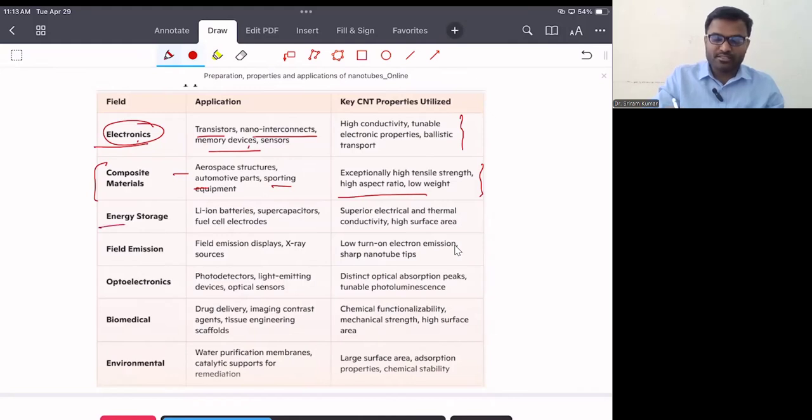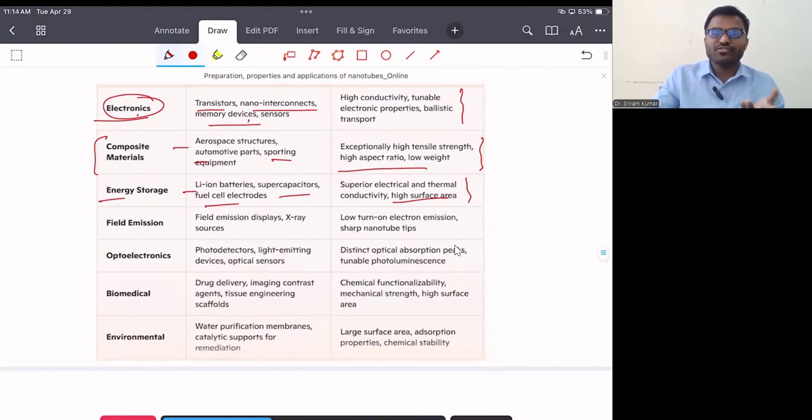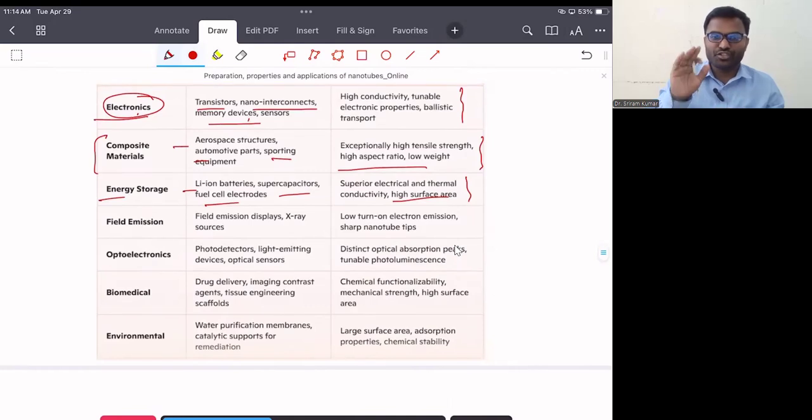In energy storage applications, for example, lithium-ion batteries, supercapacitors, and maybe fuel cells, we use the electrical and thermal conductivity of CNT and its high surface area. Depending on the application, we should focus on the kind of properties we use.